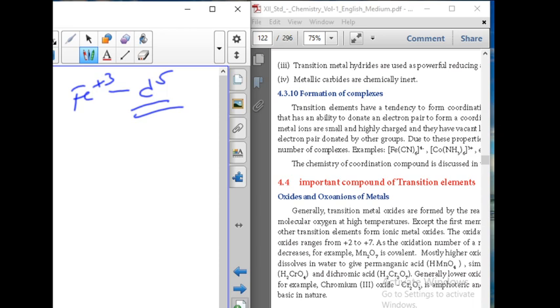So, here the strong and important point to memorize is: lower oxidation states are basic as well as ionic, higher oxidation states are covalent as well as acidic, and in between is amphoteric.